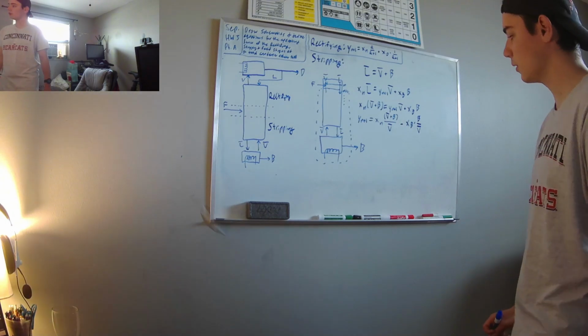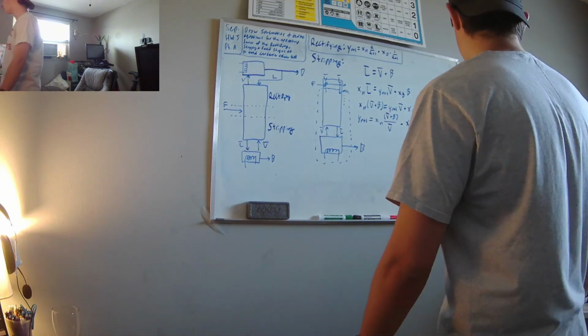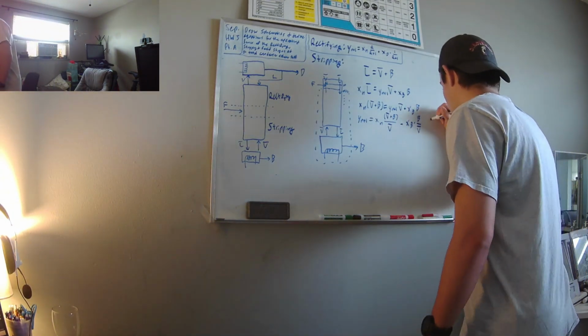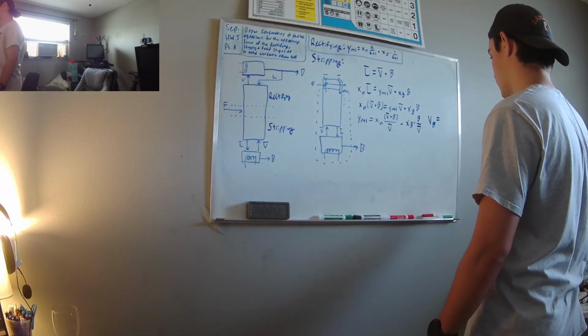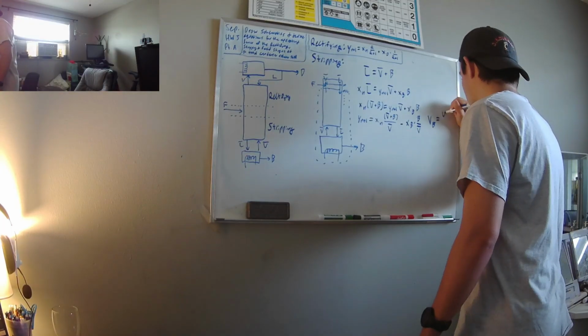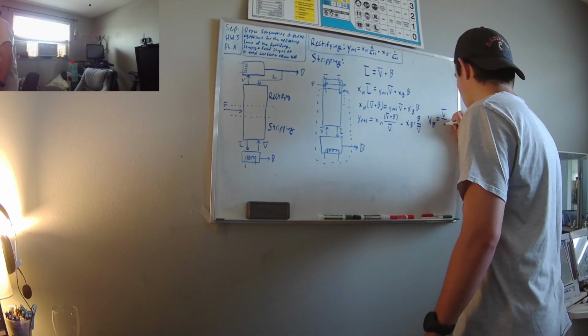And this time, we are going to sub in our boil-up ratio, VB, equals our V bar over B.